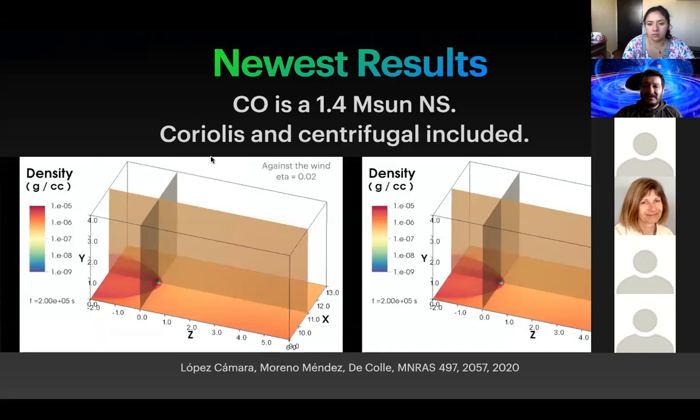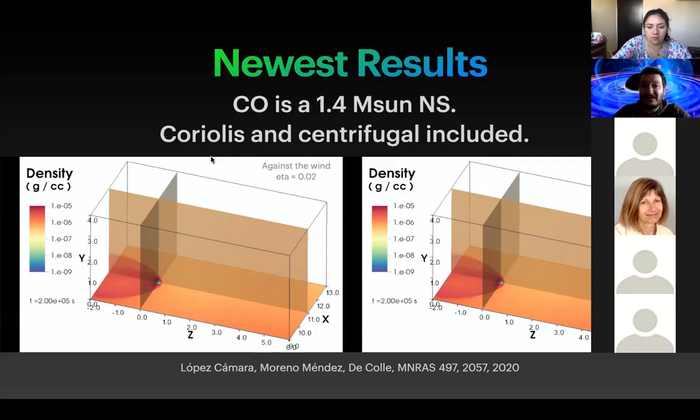So after this success, we decided to test a few other things that we had neglected in our first studies. One of them was what happens if the compact object is spinning but not aligned with the orbital plane. Then the jet may be directed in different arbitrary directions.